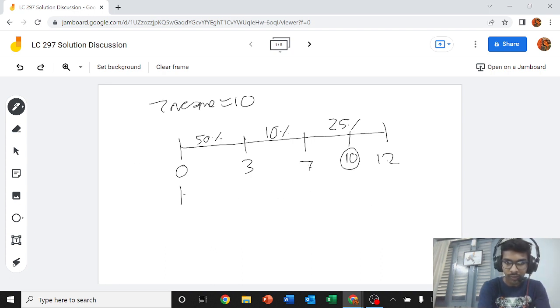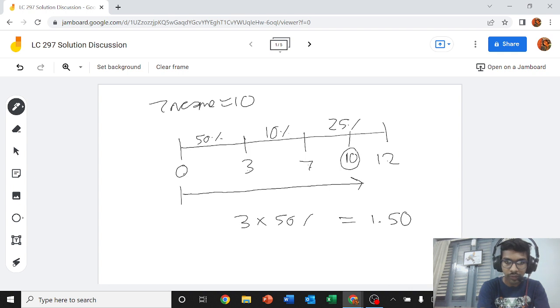So we need to reach till here. We have the first interval 0 to 3. It has 3 values and we are paying it at 50%. So 50% of 3 is going to be 1.5.